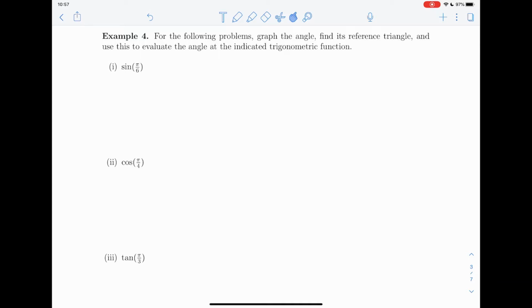The way to do this is you start by graphing the angle in question. You then find its reference triangle. Once you find its reference triangle, you need to then figure out the sides of that reference triangle and then use that to evaluate the angle at the given indicated trigonometric function. So it's a little bit of a process.